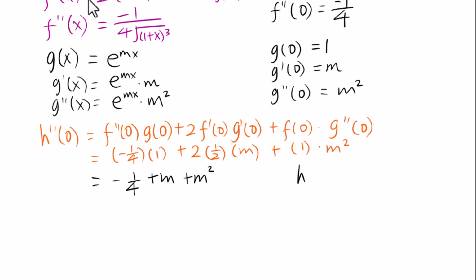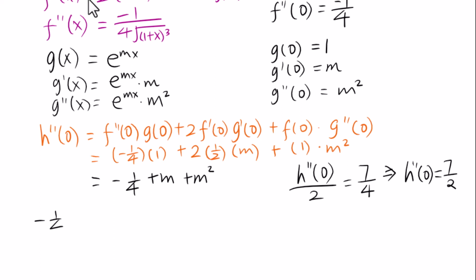Since h double prime of 0 over 2 equals 7/4, times 2 both sides, h double prime of 0 equals 7/2. So -1/4 plus m plus m squared equals 7/2.